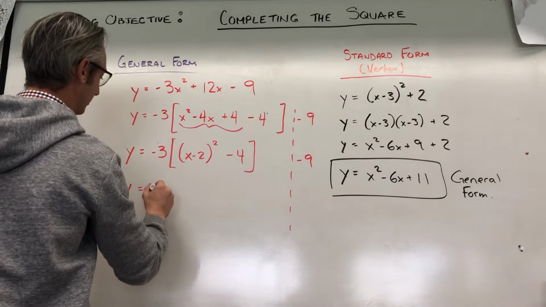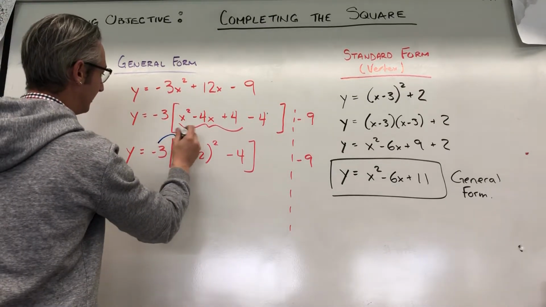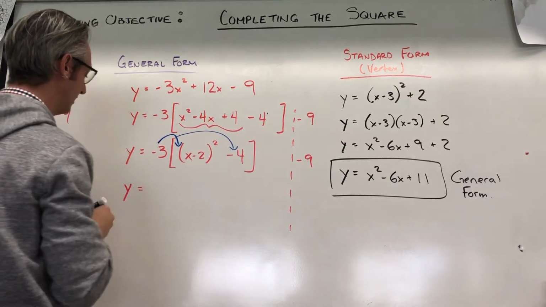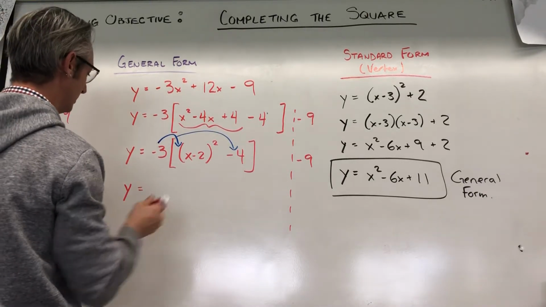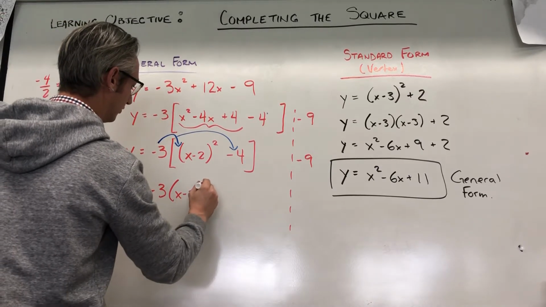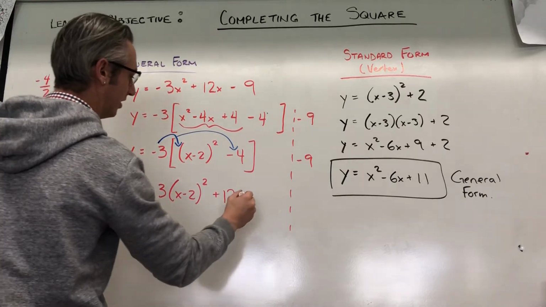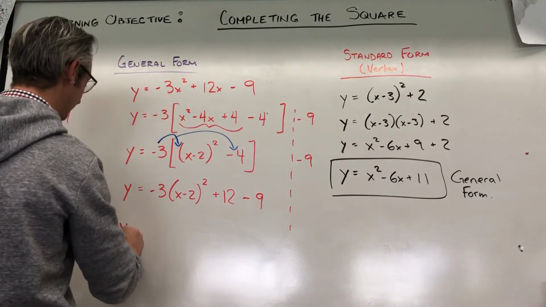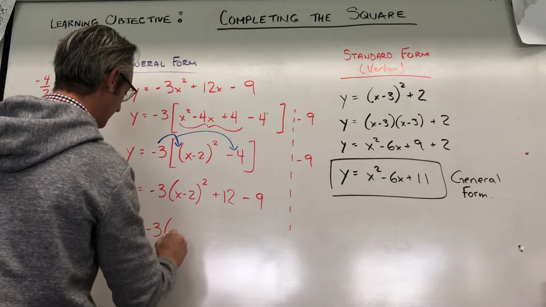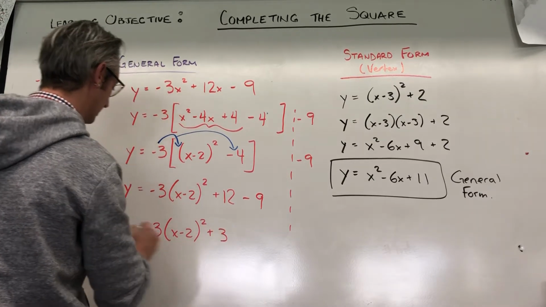Y is equal to, now I distribute this negative 3, so negative 3 times this, and negative 3 times this. So I get y is equal to negative 3 times x minus 2 squared plus 12, negative 3 times negative 4 is plus 12, minus 9. This gives me a final answer of negative 3 times x minus 2 squared plus 3.